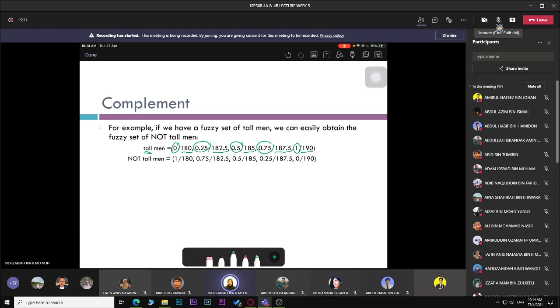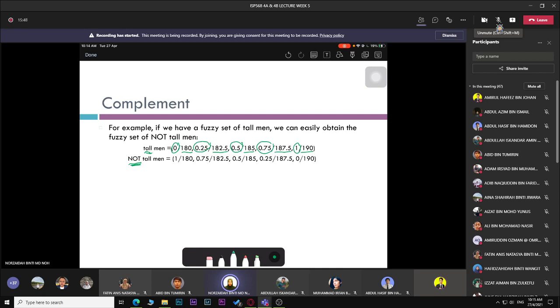So if we want to find the set not tall men, we have to complement it, right? So we have to negate the statement. For not, the degree of membership will be 1 minus the degree of belonging to the set.